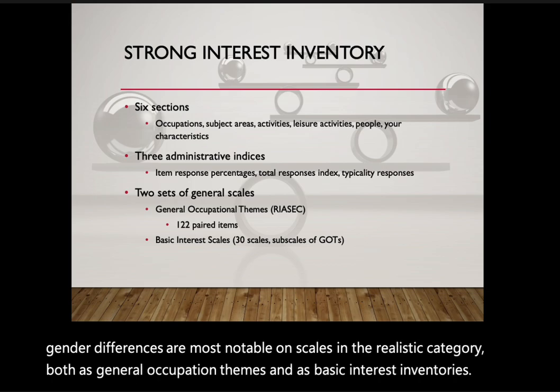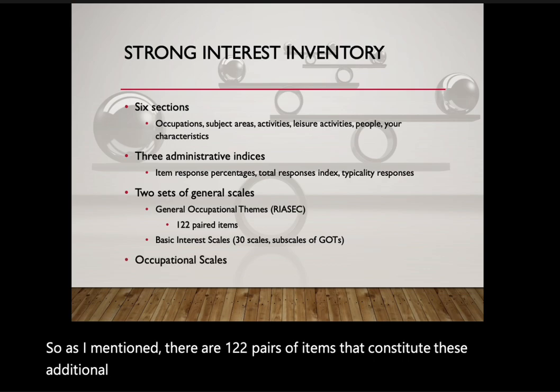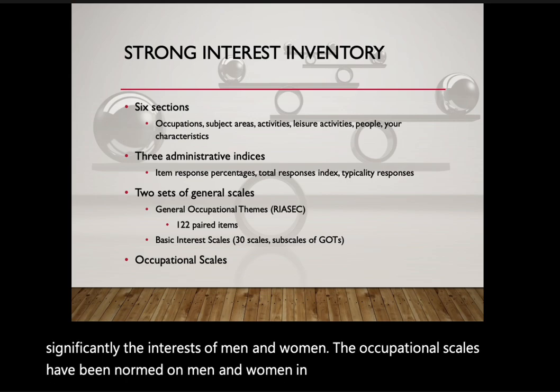So, as I mentioned, there are 122 pairs of items that constitute these additional occupational scales of the Strong, and these scales differentiate significantly the interests of men and women. The occupational scales have been normed on men and women in a particular occupation.